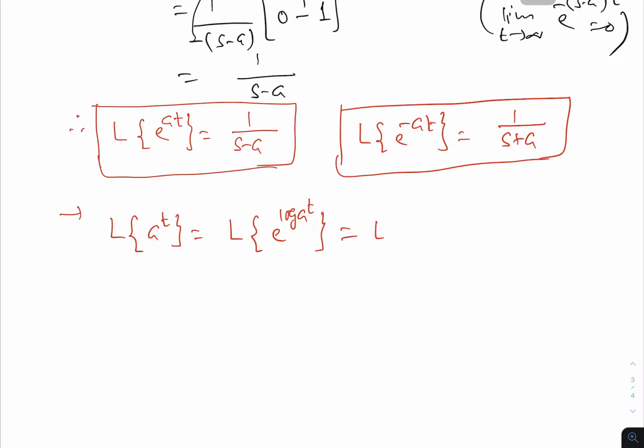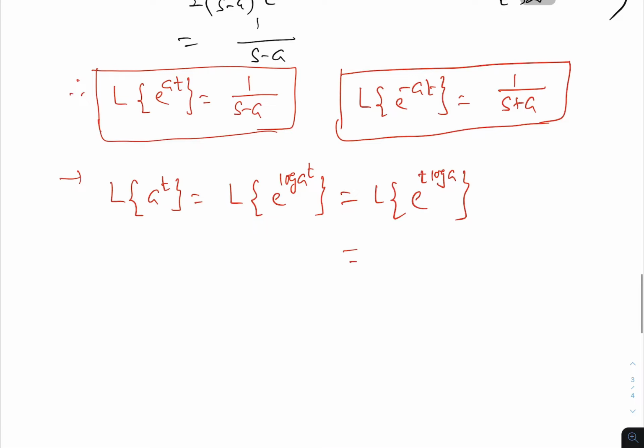So that is nothing but the Laplace transformation of e power t log a. So now this is of the form e power at, where a is log a. So this is nothing but 1 over s minus a, so 1 over s minus log a.